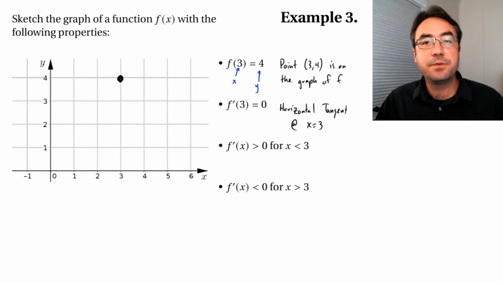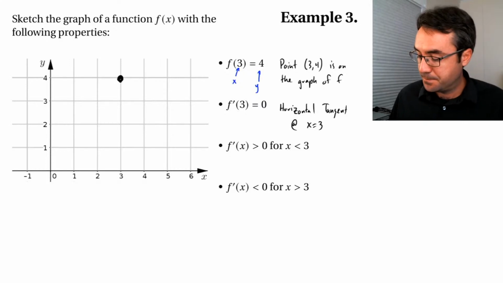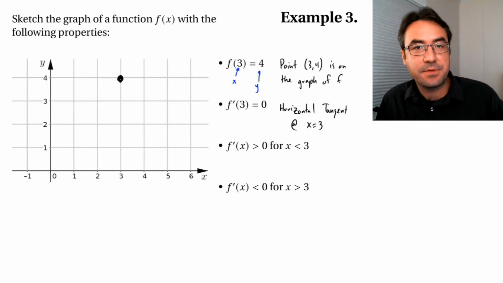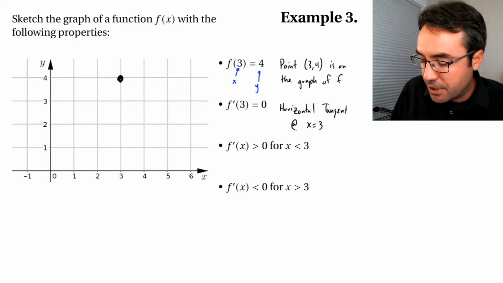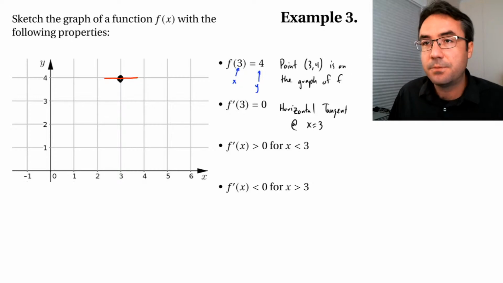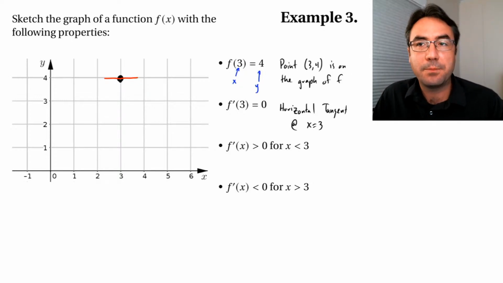So when our derivative is 0, it means the slope of the tangent line is flat. So just to remind us of this, let's graph in a little piece of the tangent line, and it's going to be flat. It's going to be horizontal. So we'll make it a flat horizontal line there, right through our point at x equals 3. And that tells us our graph needs to be flat there.